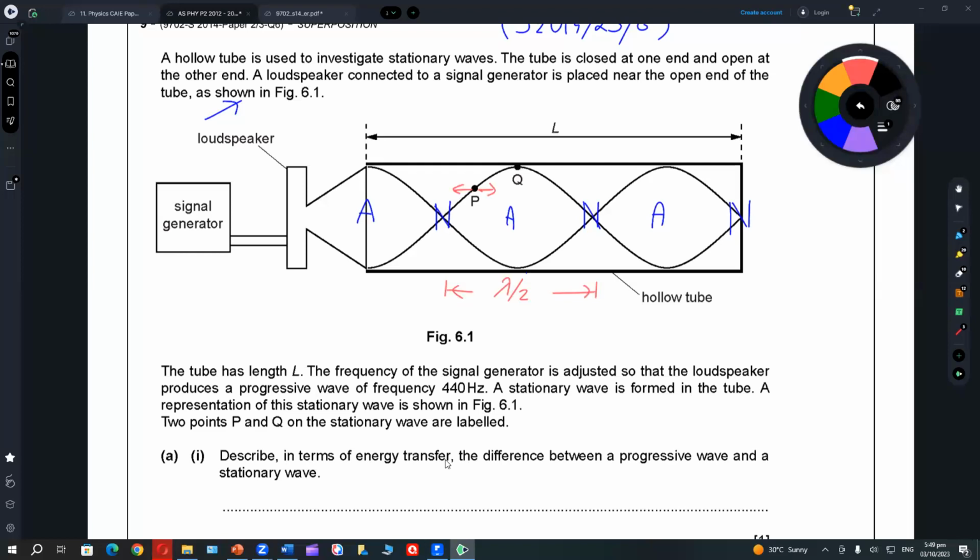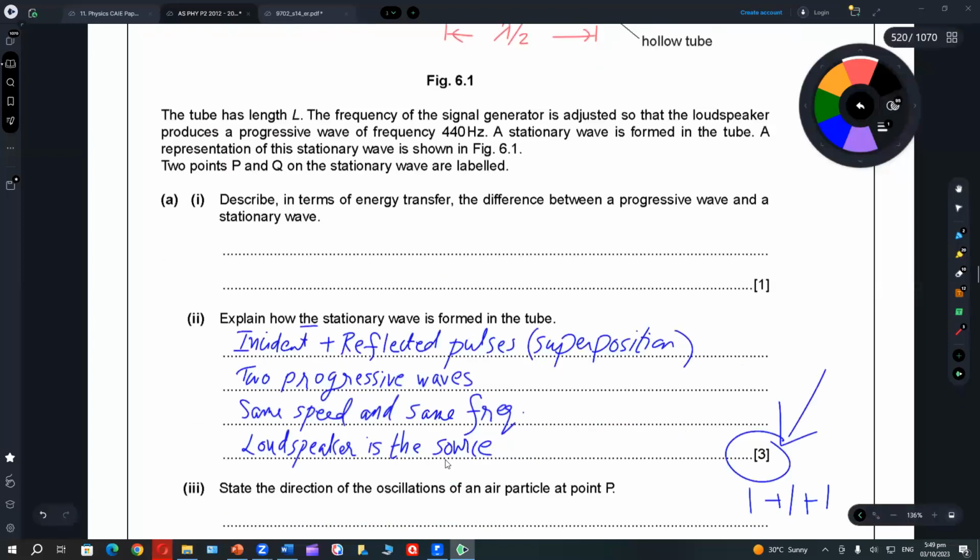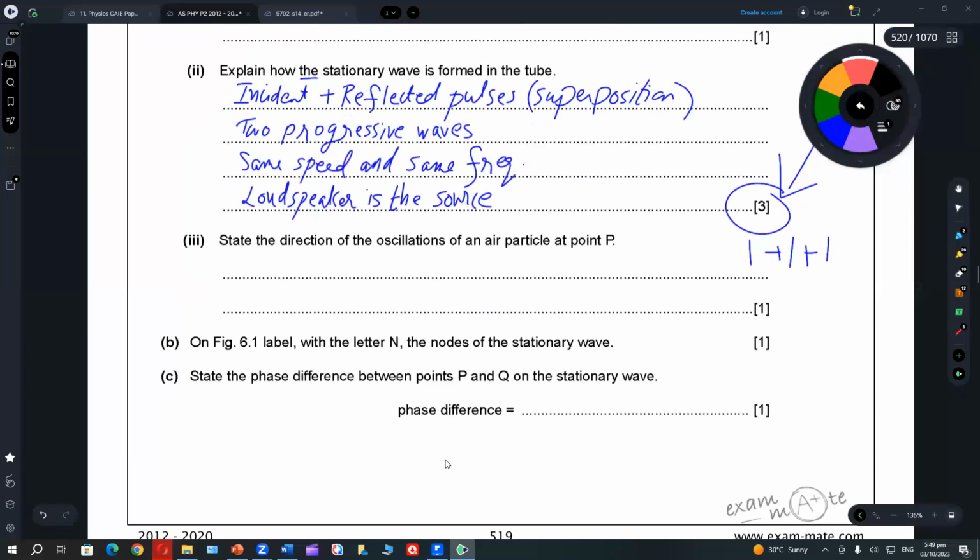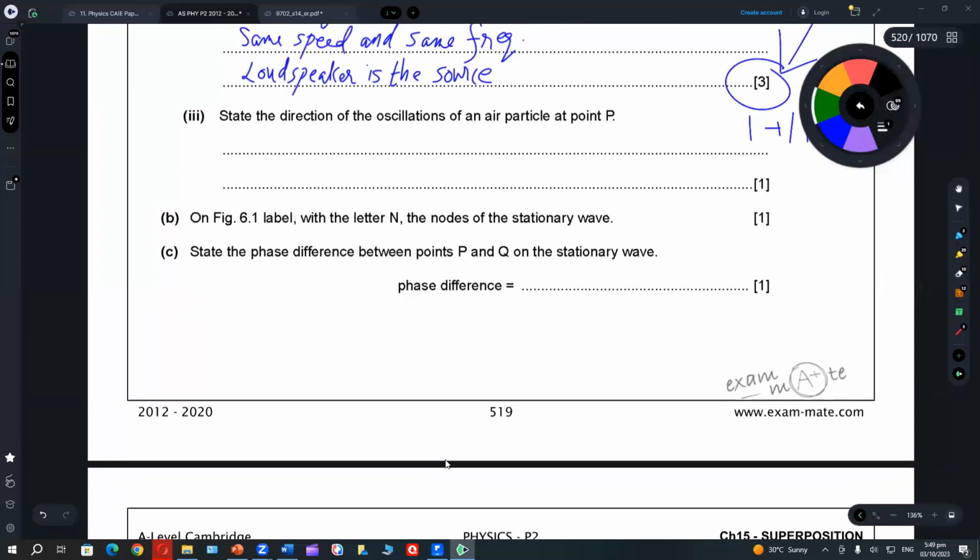Points between two successive nodes are exactly in phase. And when 2 points are in phase, what is the difference between them? 0. But the reason always challenges the people.